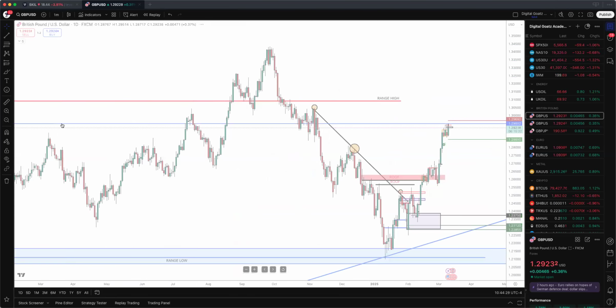Now, that was something I was looking at. Again, I use patterns in conjunction with my trading. And the one thing I was looking at is whether the market was going to respect this. You can identify this consolidation pattern in two ways.